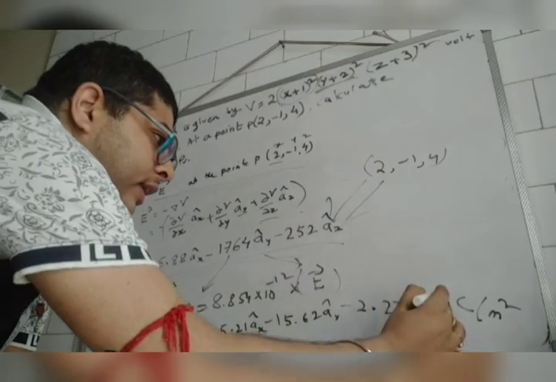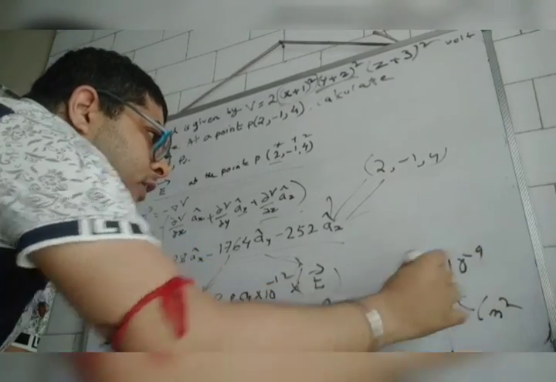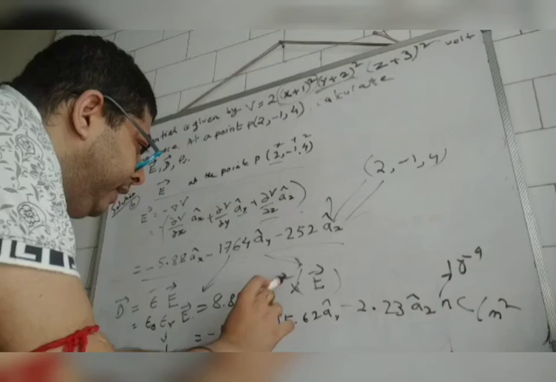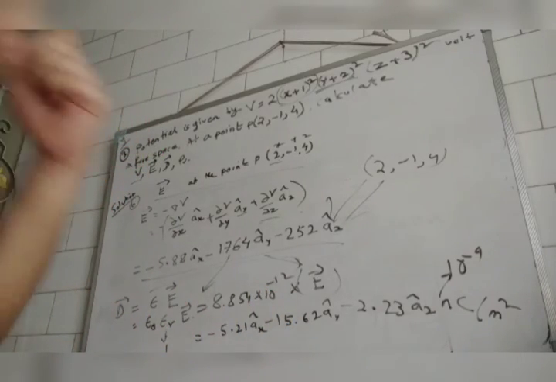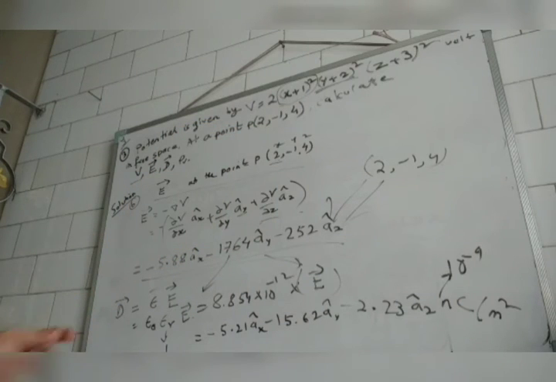Nano means 10 to the power minus 9. So it will obviously come because we have 10 to the power minus 12 term here. So it has been nanocoulomb per meter square. This is the flux density D.